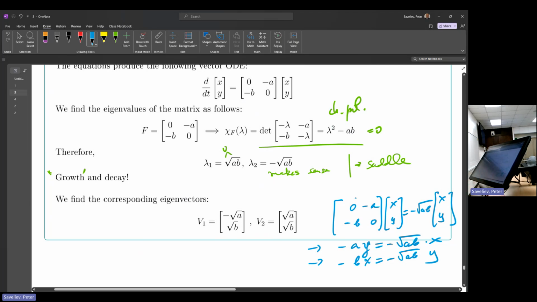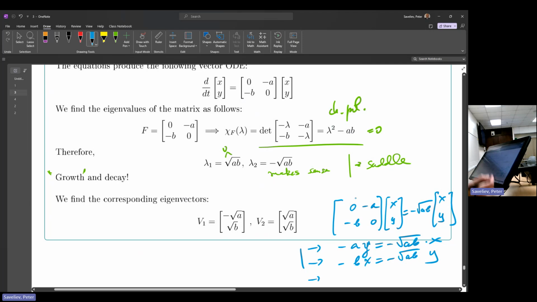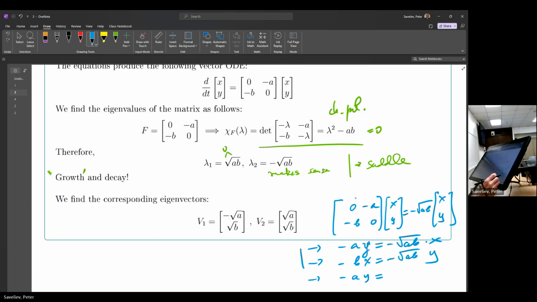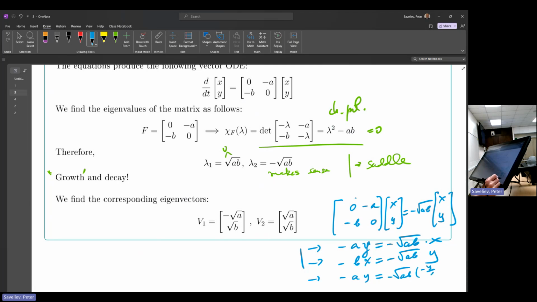It's not too complicated. Just substitute the one into the other. In terms of x, what do I get? Negative a y is equal to negative square root of ab, and then negative y over b.